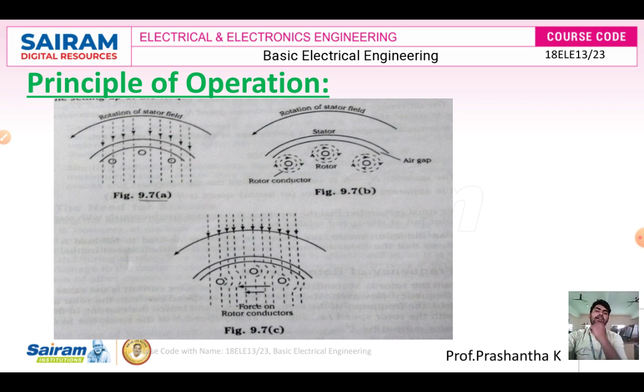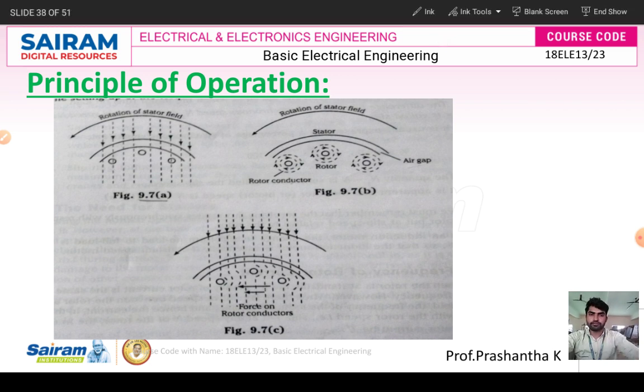How will you get this rotating magnetic field? Supply is given to the primary side. Okay, a 3-phase supply we are giving. When supply, that is voltage, is given, current will flow through the stator armature winding or stator field winding. When the stator field winding carries a current, what happens? It induces a magnetic field. That magnetic field speed is Ns equal to 120 f by P. Okay.